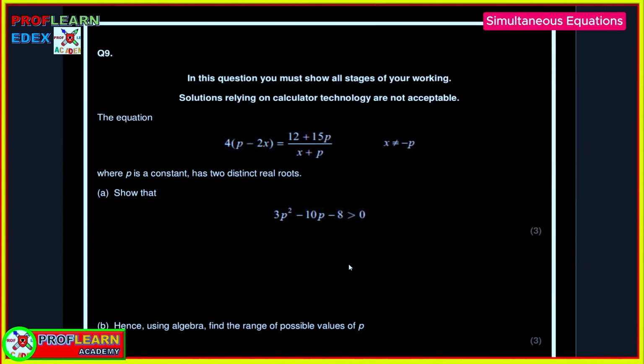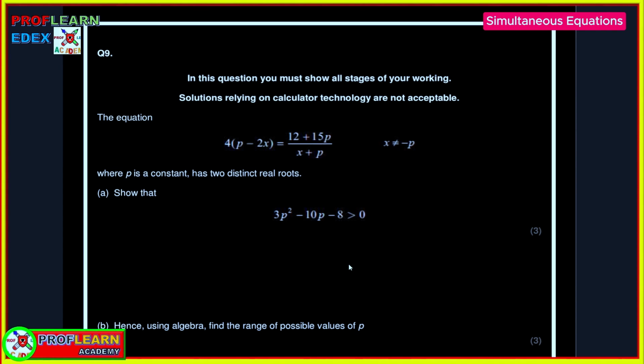We are supposed to show that 3p squared minus 10p minus 8 is greater than 0. But we are told that the equation that is given there has 2 distinct roots. So where is that information coming from? It's like we were having 2 equations, 4 into p minus 2x, equated to another equation which was 12 plus 15p over x plus p.